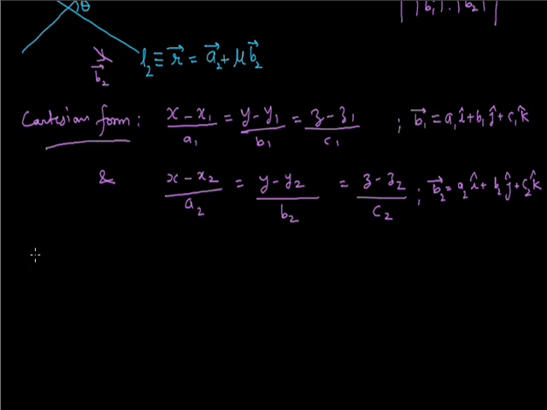Now we know that cos theta in the vector form was given by mod of b1 vector dot b2 vector upon mod of b1 vector into mod of b2 vector.